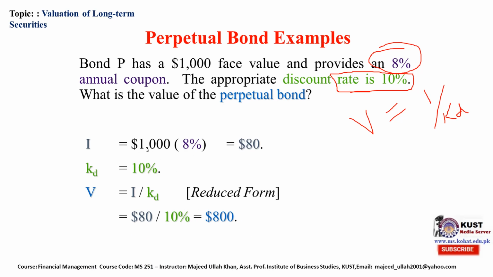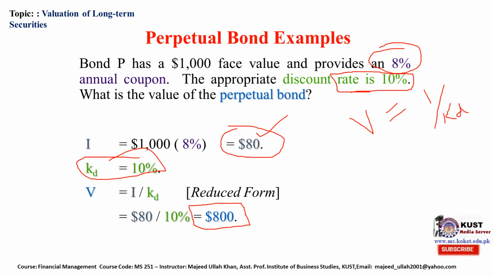So first of all we calculate the interest: 1000 multiplied by 8%, that is $80 per annum. If you buy this bond, then you will get $80 per annum. Your required rate of return is 10%. So I divided by Kd, 80 divided by 10%, gives 800. So you will buy this 1000 bond at 800.